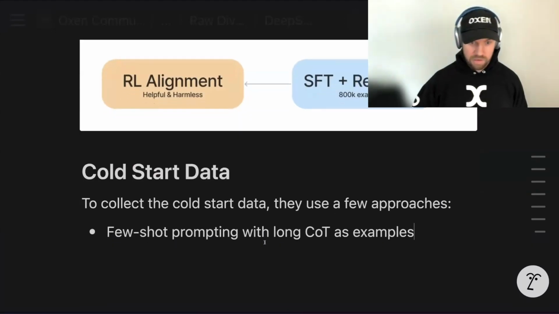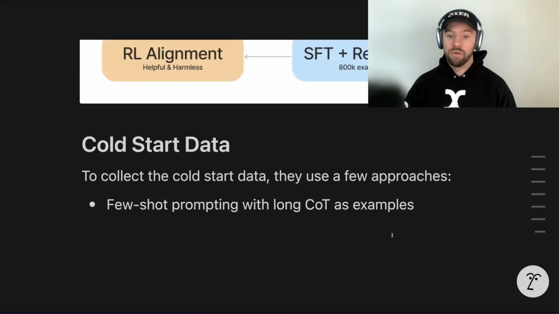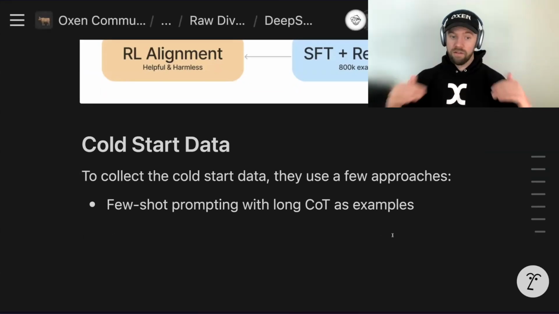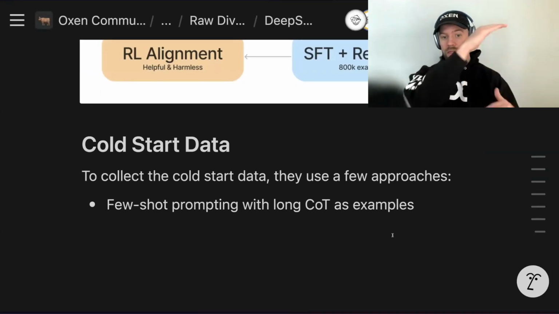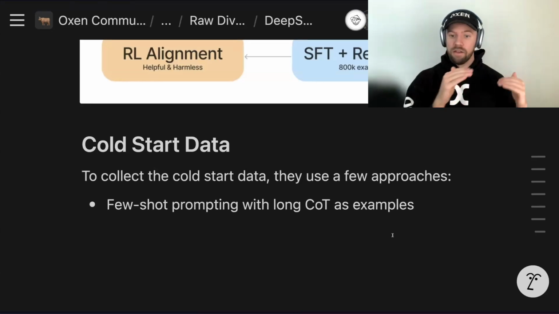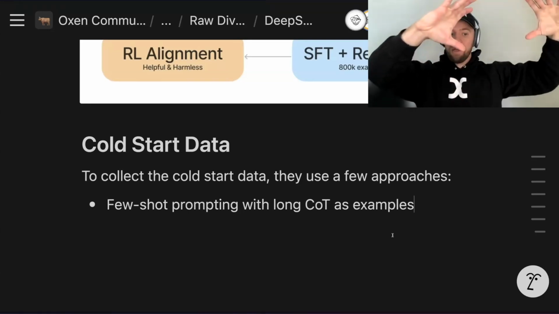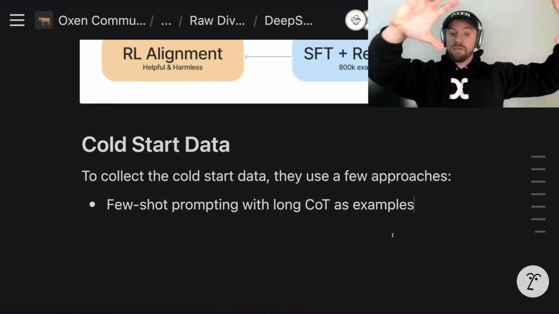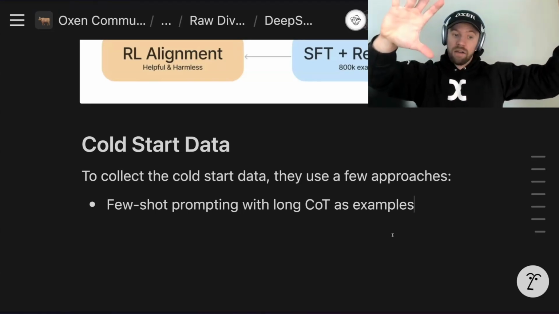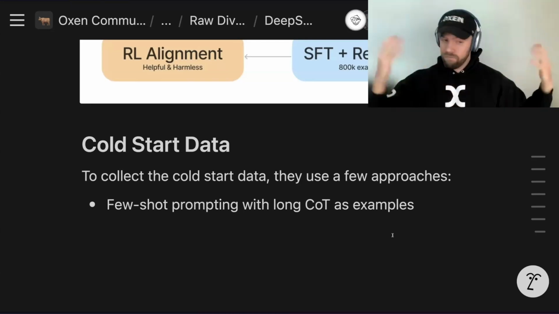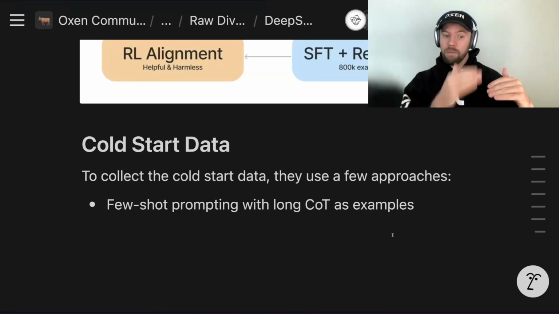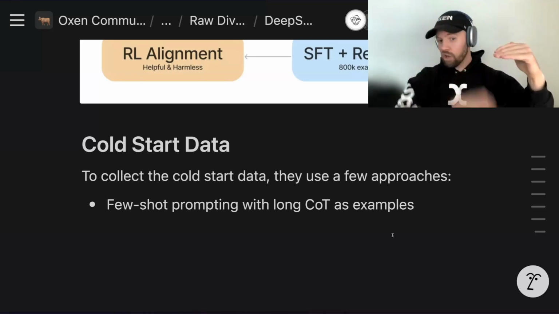So the cold start data, they said that they used a few approaches. One was just few-shot prompting with long chain of thought as the examples. So they took DeepSeek-v3, put a couple examples of long chain of thought into the context window, and then used few-shot prompting for it to just generate more and more data that looked like that.